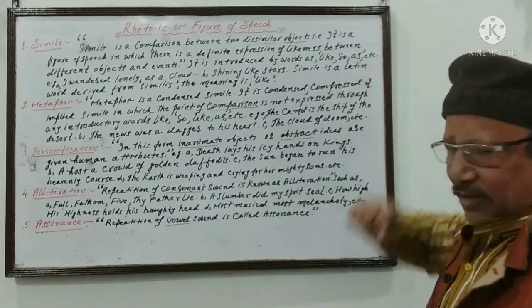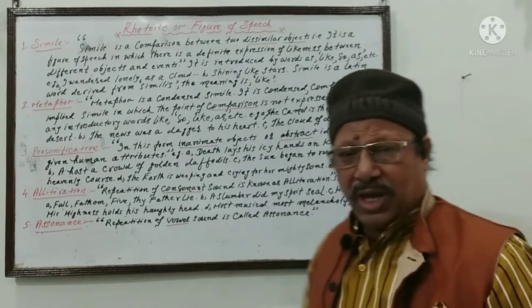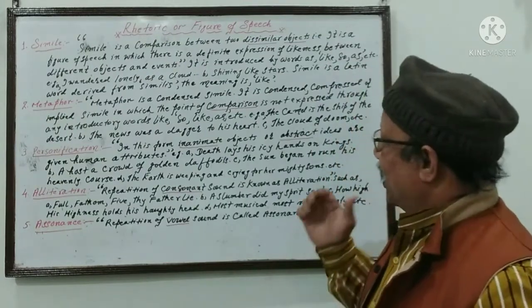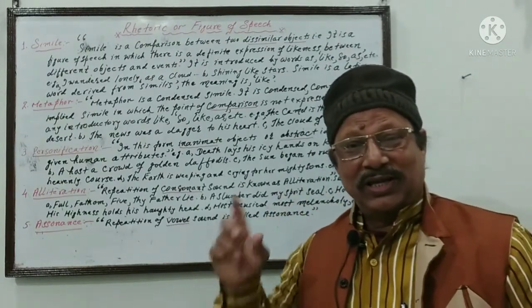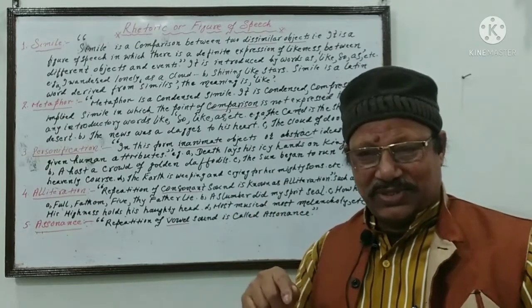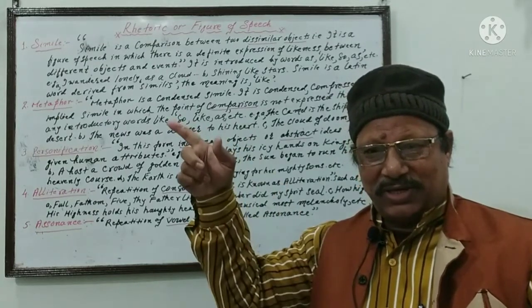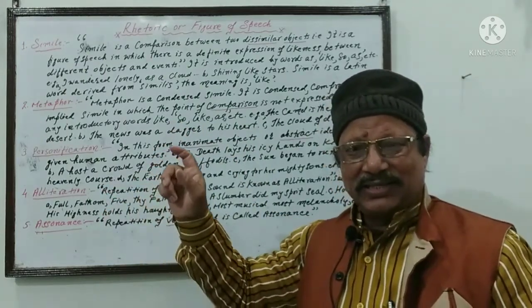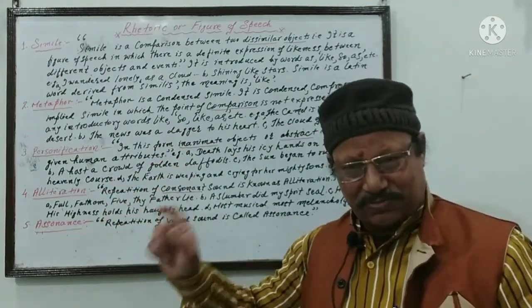Example: I wandered lonely as a cloud. The poet is comparing himself with the clouds. So this sentence is a simile.